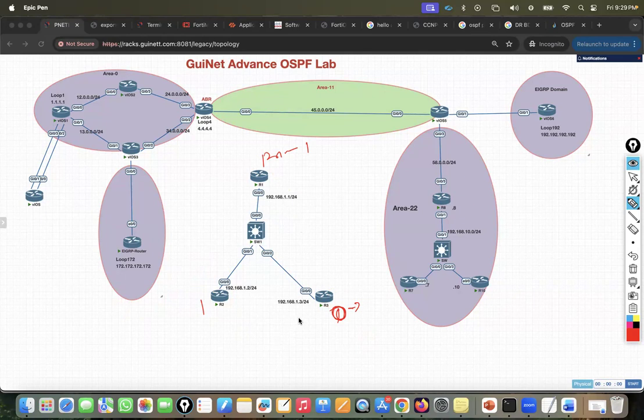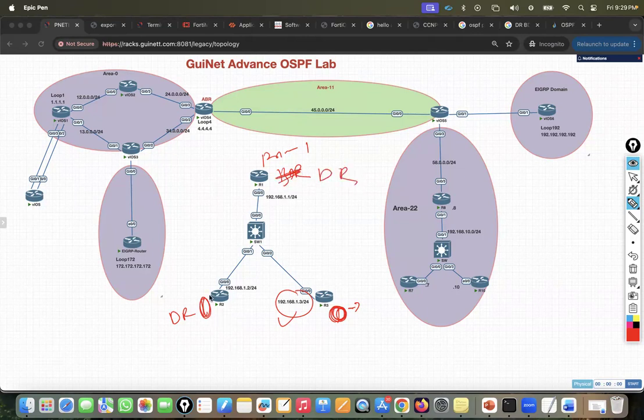R2 is going to become the DR and R1 the BDR. But this is the highest interface, you can see. But priority will change that. So even now, if I put this one as 0 also, then what is going to happen? There will be no DR and no BDR.